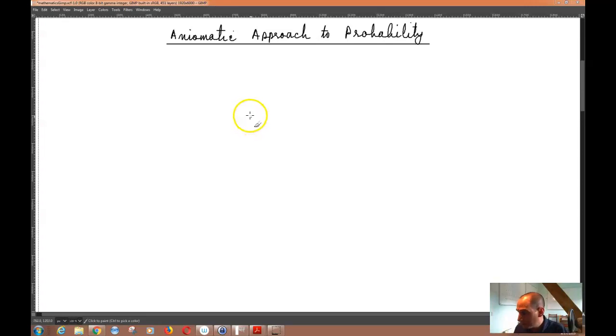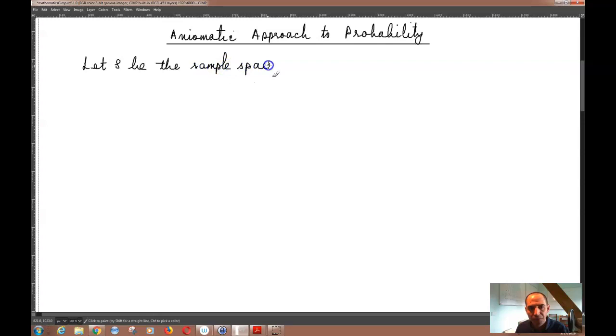So let S be the sample space of a random experiment.